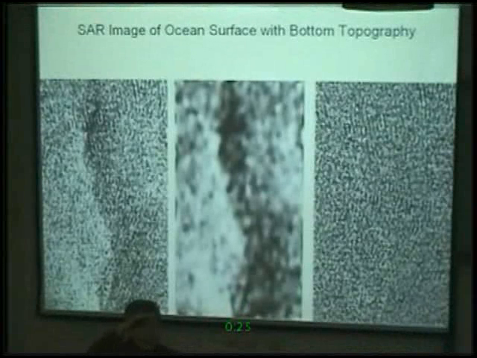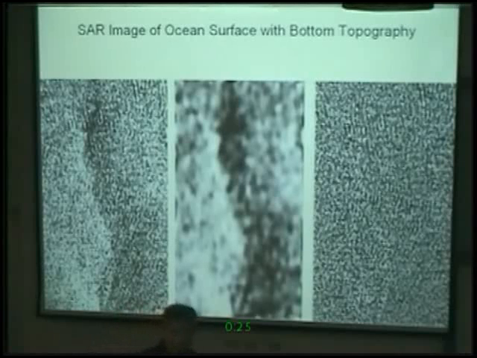And at the peak of the bottom topography, the ocean depth is smaller. So the current is faster, and over the deeper part it flows slightly slower. So this fast and slow current change gives a current gradient, and this current gradient causes the wave feature to be different.